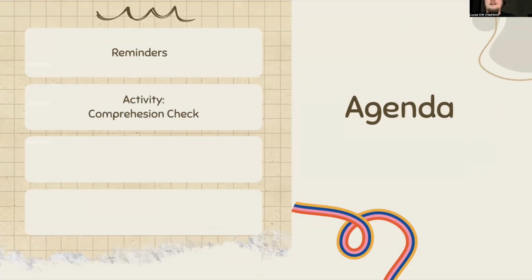Then we do have an activity or comprehension check. For the activities, I formulate those in lecture in the context that we are actually in person. Obviously, we are not in person, but I do have another class that's on campus, so I like to structure the lectures in that format.